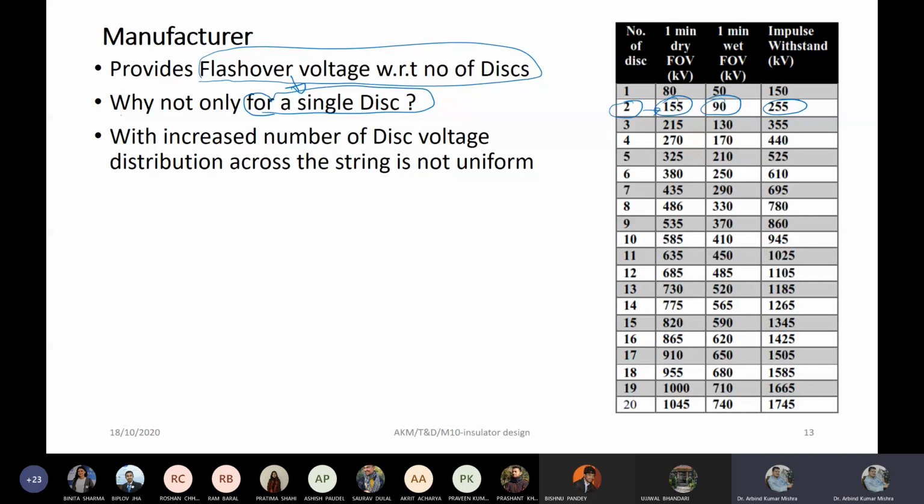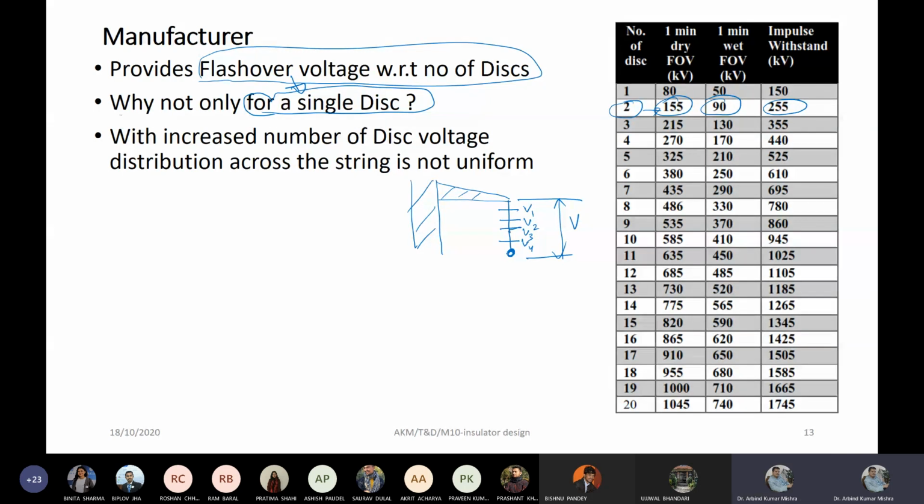This is because you might have studied in some course that if this is a tower structure and we have an insulator here, and we use multiple disks with the conductor here, then the voltage distribution across the insulator, say V1, V2, V3, V4, and the total applied voltage it has to withstand is V, ideally requires V1 equal to V2 equal to V3 equal to V4, equal to V by 4.